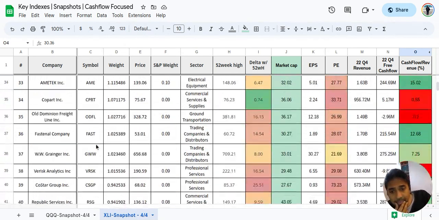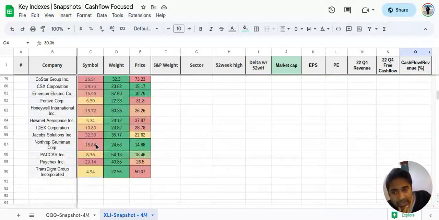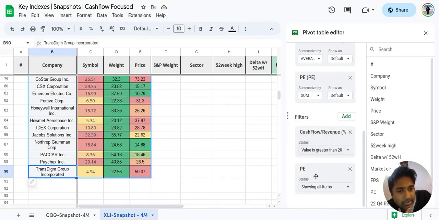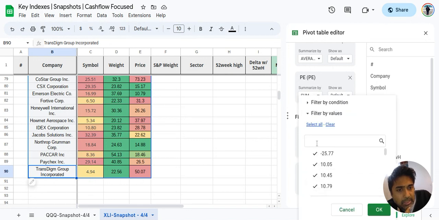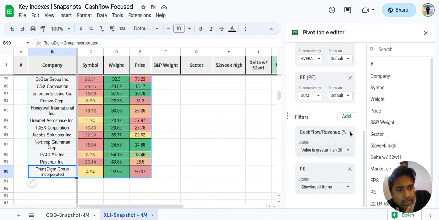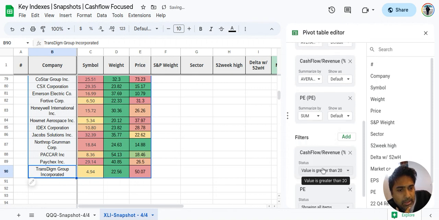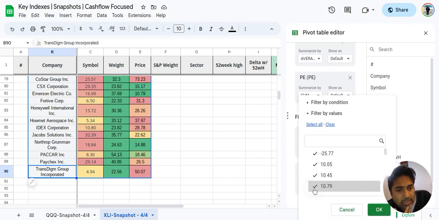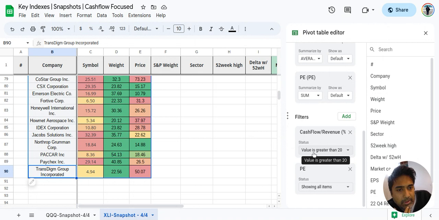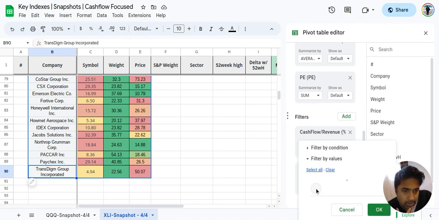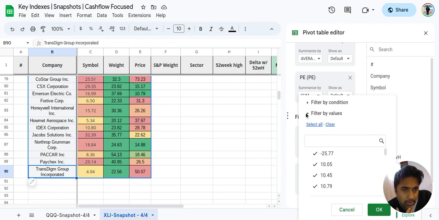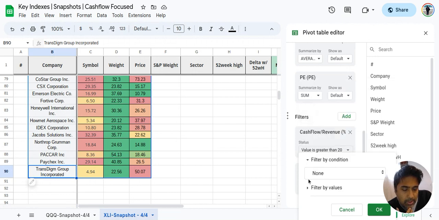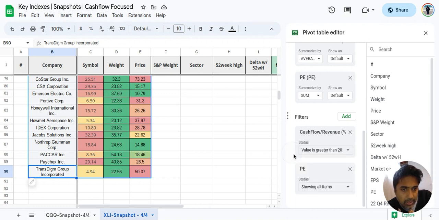So if I sort it with the same logic here, my filters are as follows. If I go back here, the filters are PE, 20% or more for the cash flow, so that's basically the same, and for PE, I guess I don't have a PE ratio, so I use all the PEs.